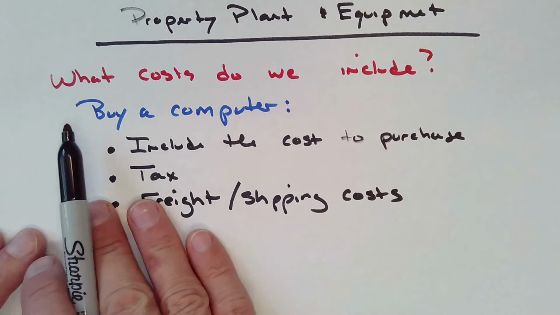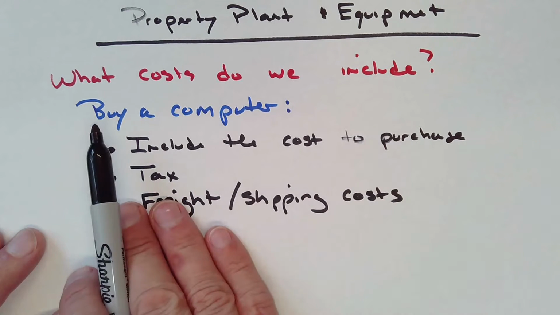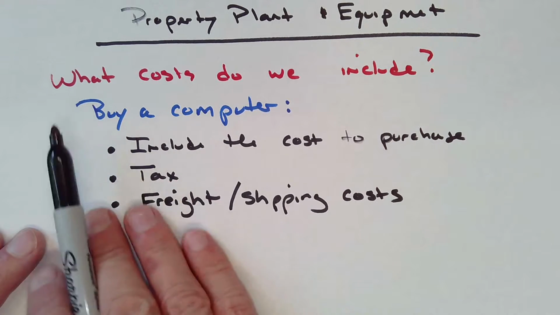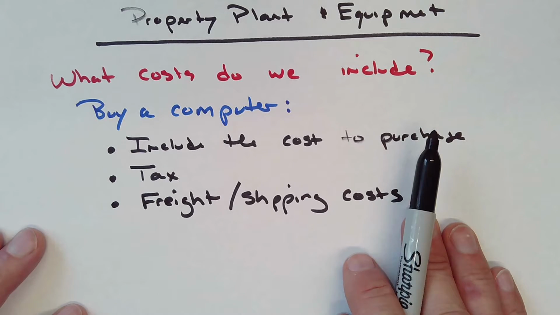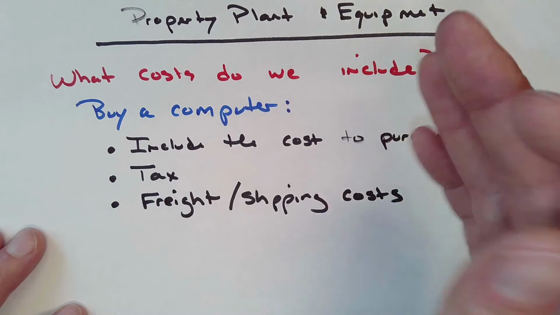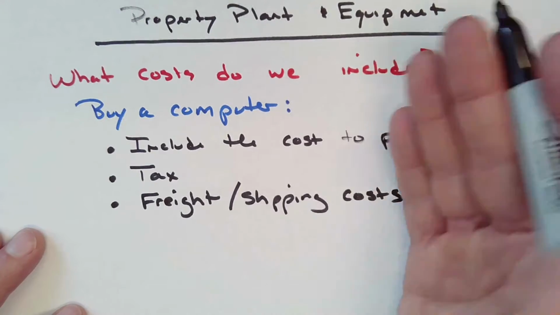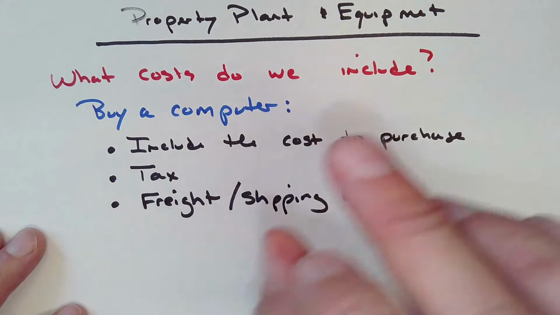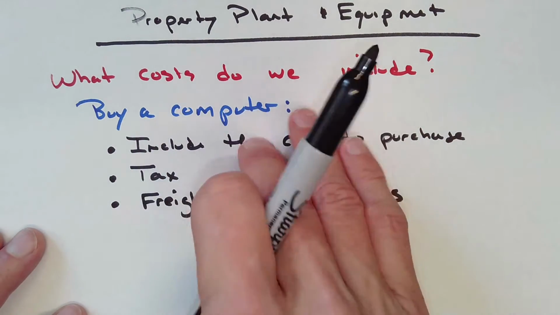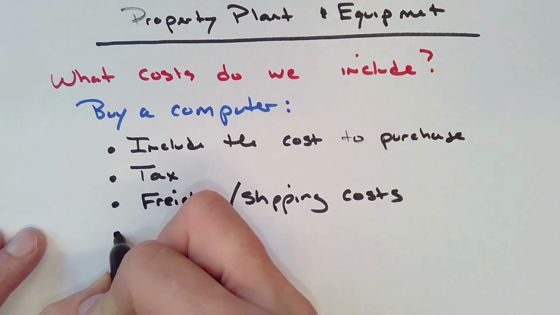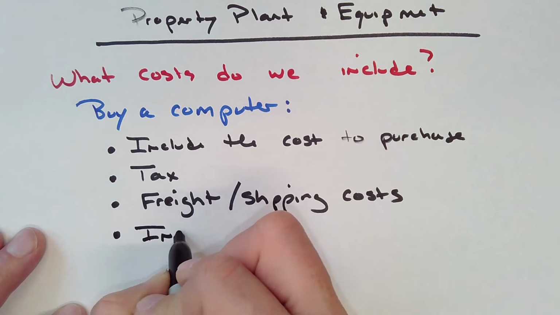What if this is a big enough computer where I needed to have it installed? It wasn't just something that I could open up and start using, right? We're not talking about training on how to use the computer, but to get it serviceable. So maybe I need installation costs.